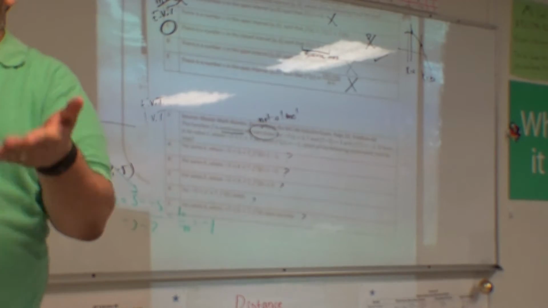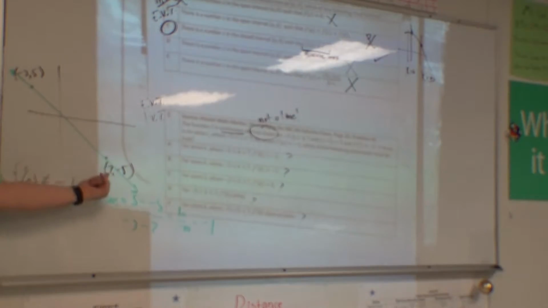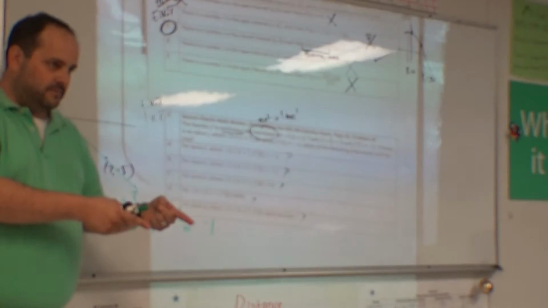And the mean value theorem would say, hey, if I find the slope of the secant line, there has to be a place where the tangent line has the same slope. But that can't happen. Which must mean that you can't use the mean value theorem. And the reason you can't use the mean value theorem is the function's not differentiable.